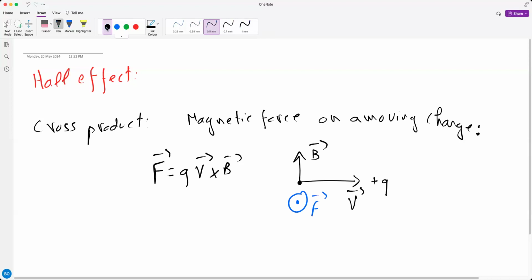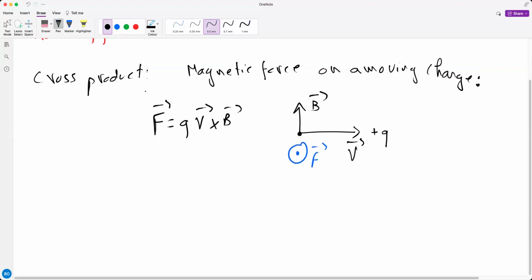Now, I will give you also another question. If I have now an electron, a negative charge, and I have a magnetic field inside the page. So the electron is moving upward. The magnetic field is inside the page. Okay.